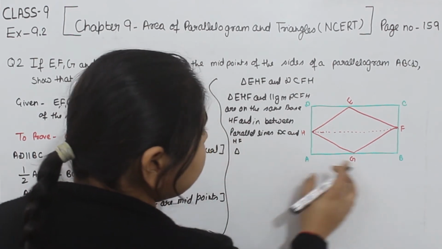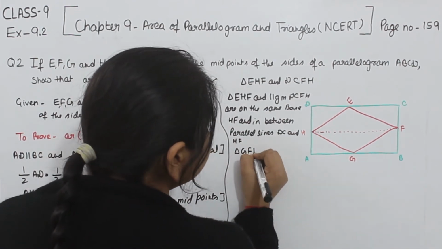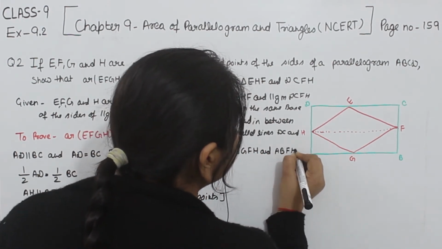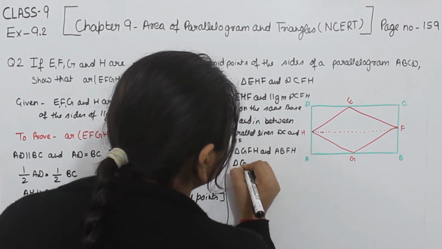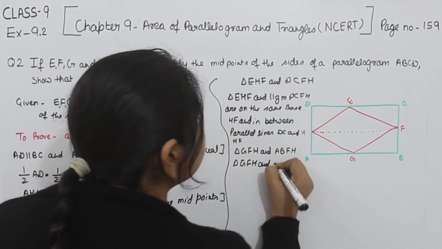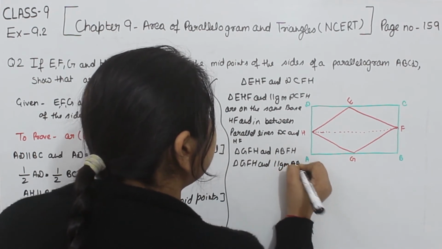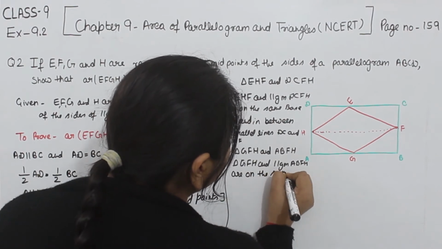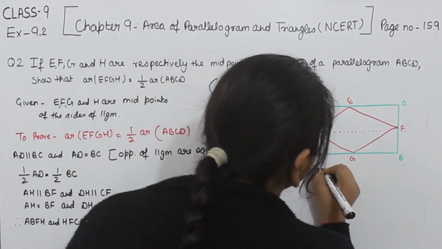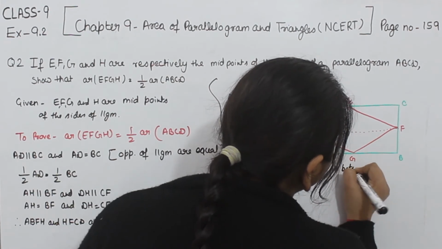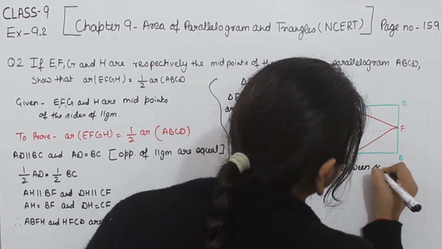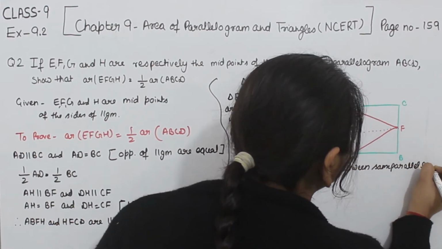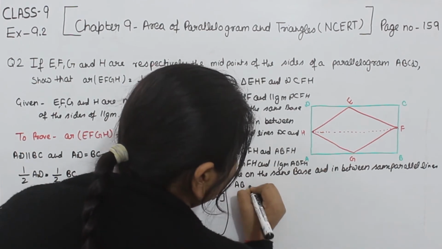Now we are going to take the other triangle, the triangle GFH and the parallelogram ABFH. Triangle GFH and parallelogram ABFH are on the same base and in between the same parallel lines AB and EH.